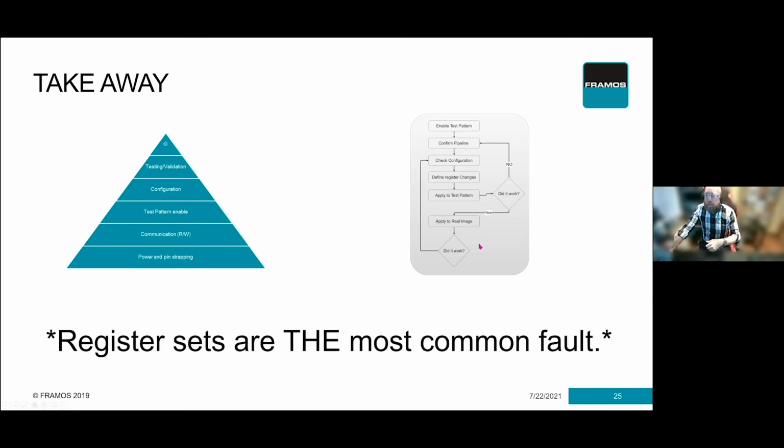Then you have the modular approach. Build and test as you go. Just changing an entire configuration and testing it, or copy pasting one and then modifying the parts, can actually lead to more human error and programming error. And the last one is that register sets are the most common fault. There is no way around this.